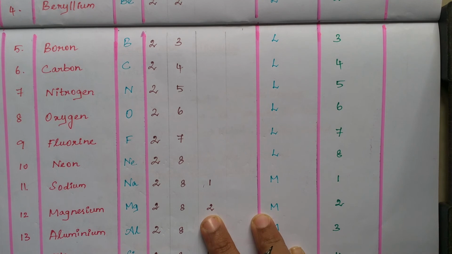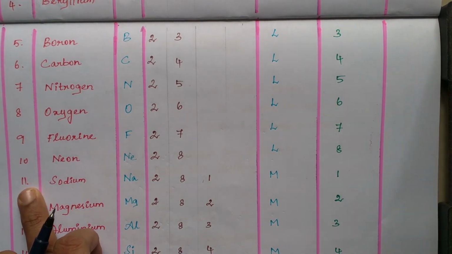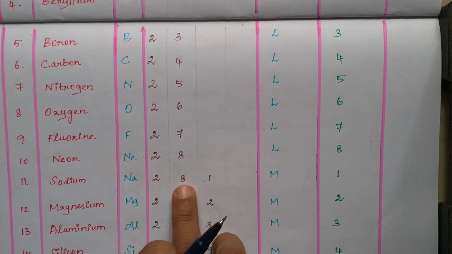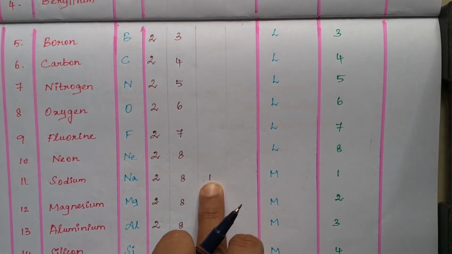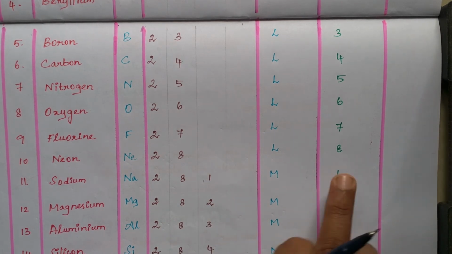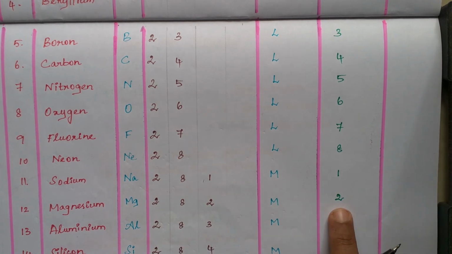Next, for sodium the atomic number is 11. That means 11 electrons are there. So 2, 8, 1. Now this is the outermost shell, that is the M shell, and the electron is 1. Next, magnesium, 12 electrons are there. 2, 8, 2. So the valence shell is the M shell and 2 electrons.